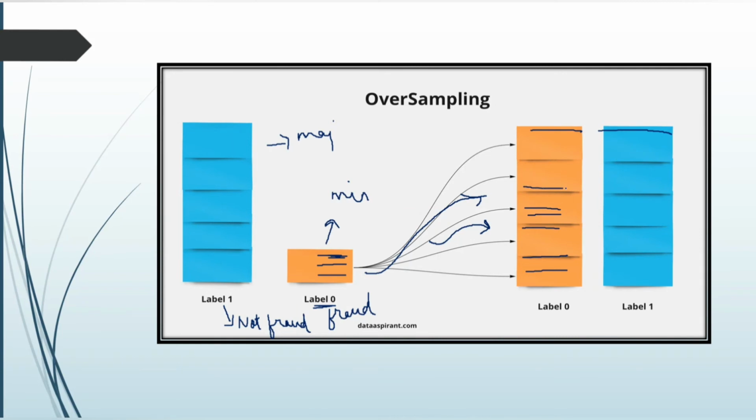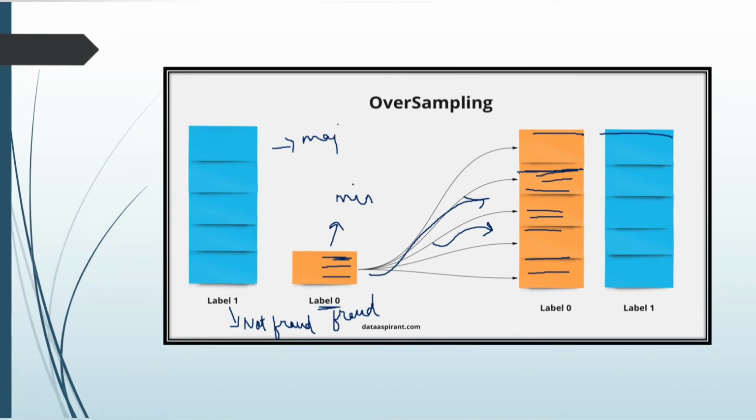We pick again and duplicate, and the number of observations of label 0 increases to this point, but it is still not balanced. So we will repeat this process till there is the same number of observations in both class labels, label 0 and label 1, meaning fraud and not fraud.